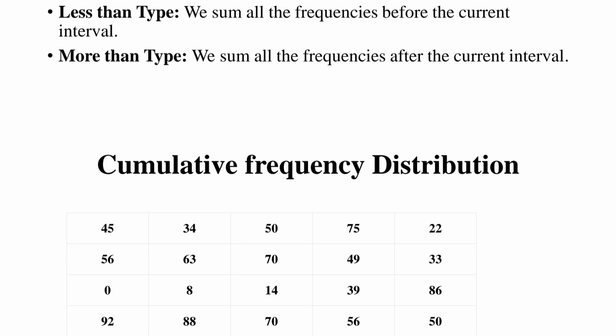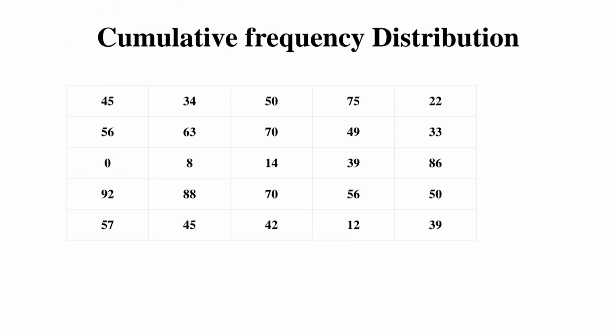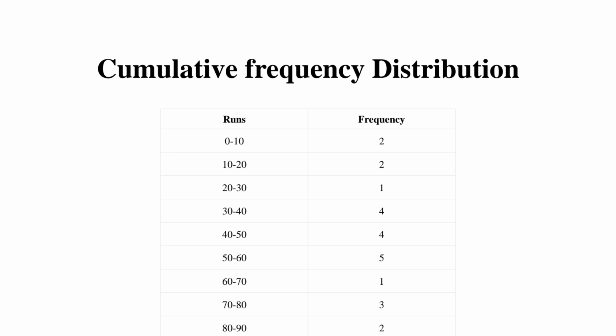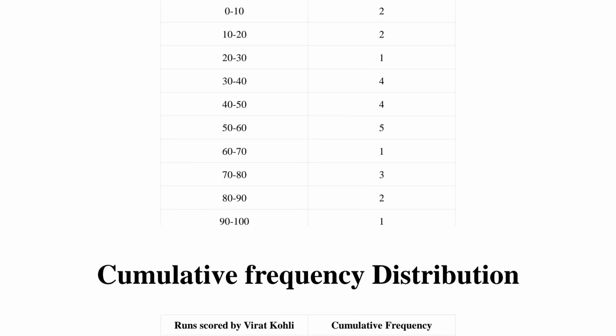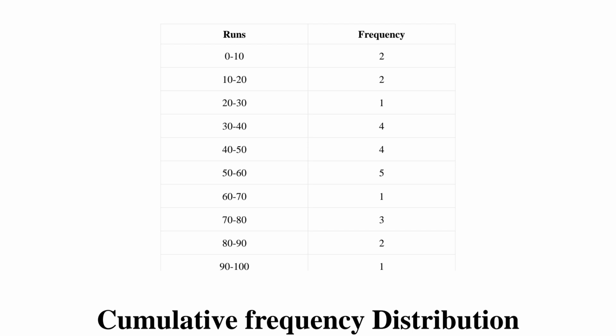Let us go for the example. In case of cumulative frequency distribution, we have collected 25 possible observations. Next we form a frequency distribution table, setting up the class intervals and finding the frequency of each. Then we find the cumulative frequency for this table. If it is 0 to 10 runs, we have a frequency count of 2.